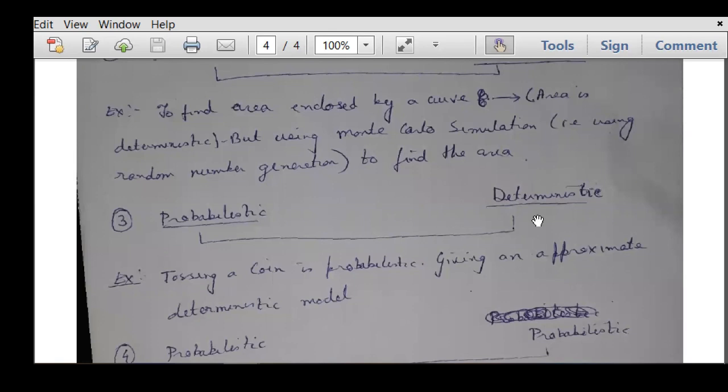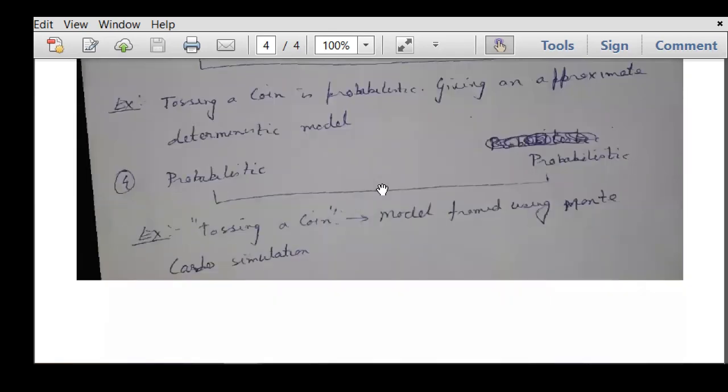So this is also possible. And the last one, both are probabilistic. That means the real life situation is probabilistic, and the simulation algorithm which you are using to verify the data is also probabilistic. For example, we take the coin tossing experiment and use the Monte Carlo simulation algorithm to make it compatible with the data obtained in tossing the coin.